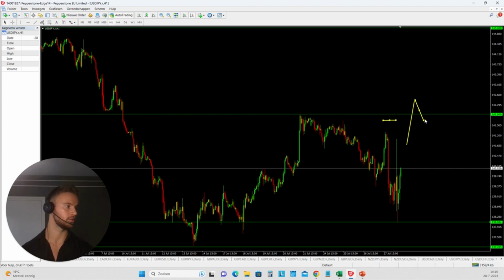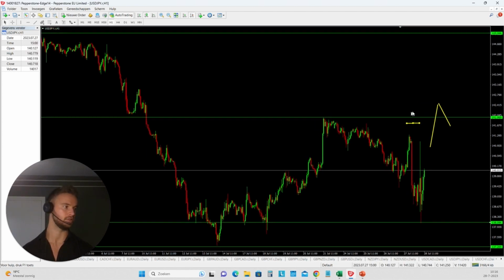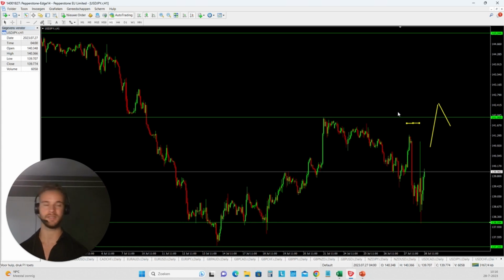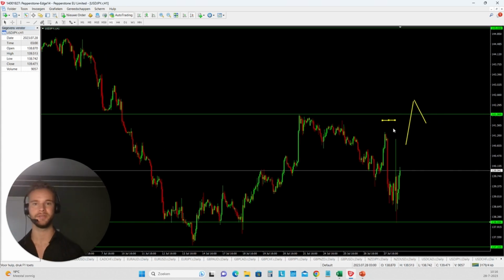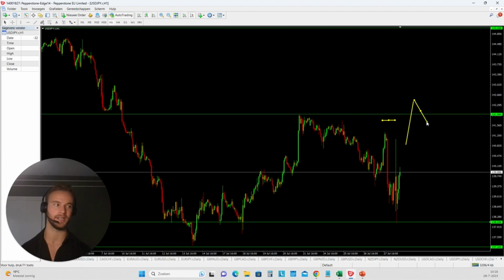If price then comes back below that level after this push up, all the people that bought up here are now trapped in their position, and they do need to get out. What happens when they do need to get out? If a buyer closes his position, it's a sell order. So essentially it's going to throw fuel on the fire and create more selling. And you can use those levels and that information to build an entire trading plan around it.